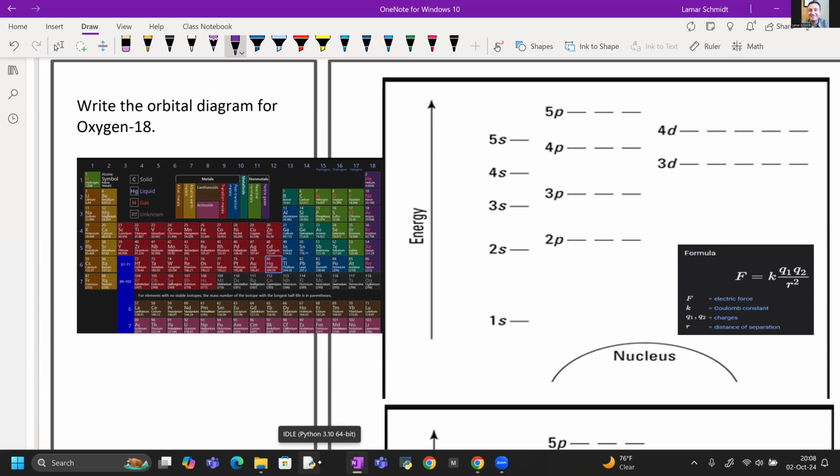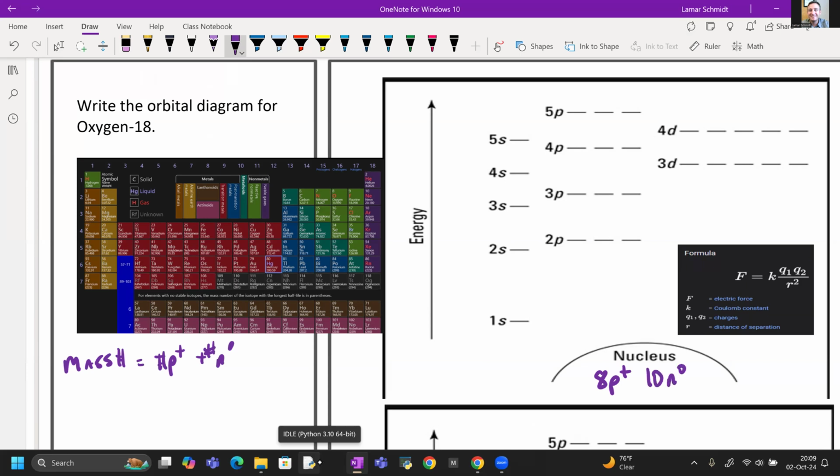So mass number is equal to number of protons plus number of neutrons. We know that in the nucleus of the atom, oxygen has 8 protons because oxygen is defined as having 8 protons. Now, if the mass number is the number of protons and neutrons, and the mass number is 18, then we should have 10 neutrons.